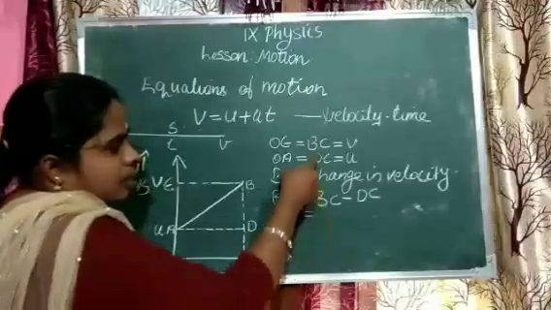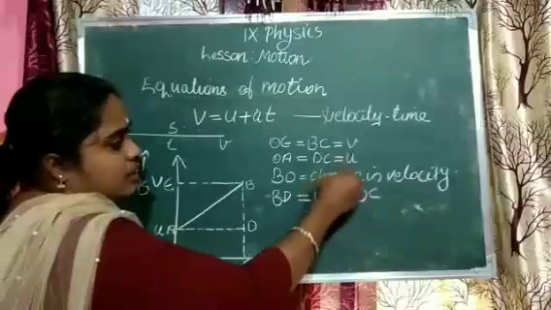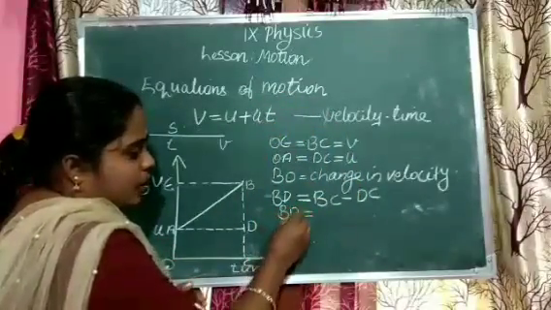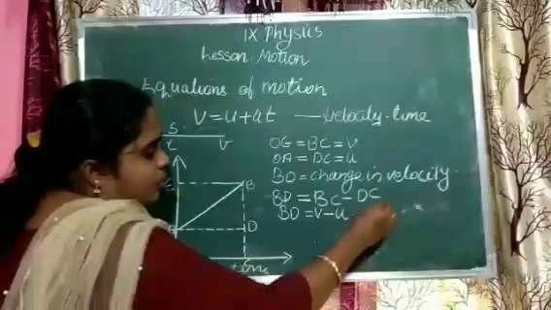What is BC here? BC is equal to the final velocity. What is DC? DC is equal to the initial velocity. So we can write BD is equal to V minus U. This is equation number 1.